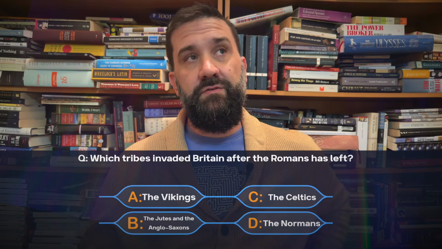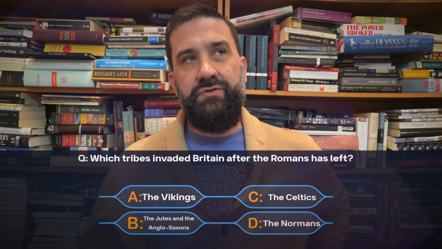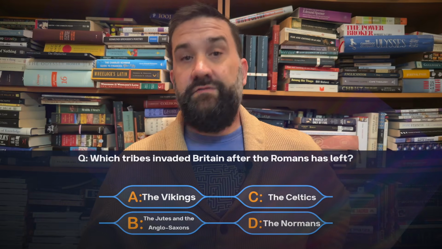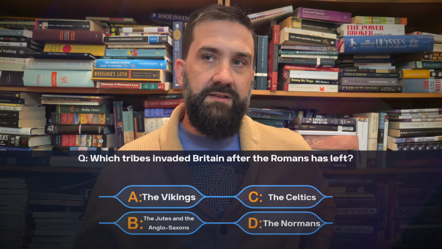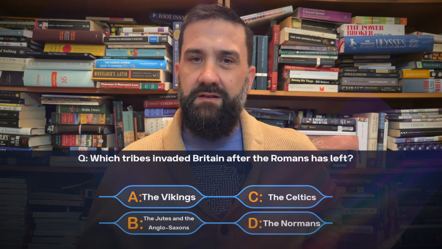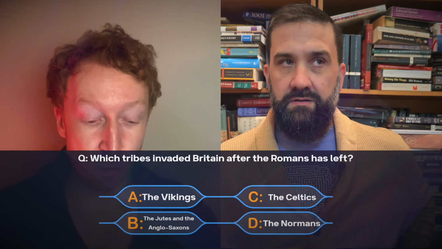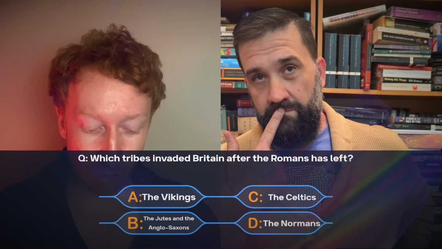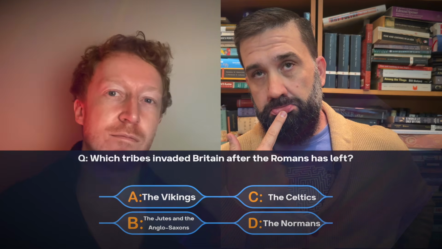So that was after the Romans had left, but I wouldn't call the Normans a tribe. I also know that the Vikings frequently attacked the coasts, particularly of Scotland, if I remember correctly. So my other options are the Celtics and who else? So all your options are the Vikings, the Jutes and the Anglo-Saxons, the Celtics or the Normans. Remember, this is who invaded after the Romans had left.